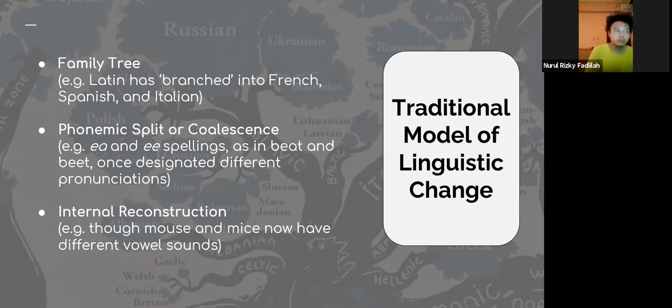For example, the E sounds and E spellings as in bit and beat once designated different pronunciations. And the third, analogical reconstruction. For example, though mouse and mice now have different vowel sounds, they mean the same thing, the same animal, mouse is singular and mice is plural.